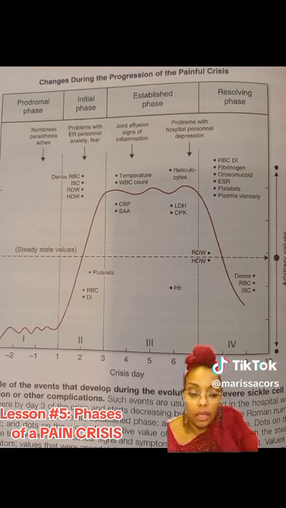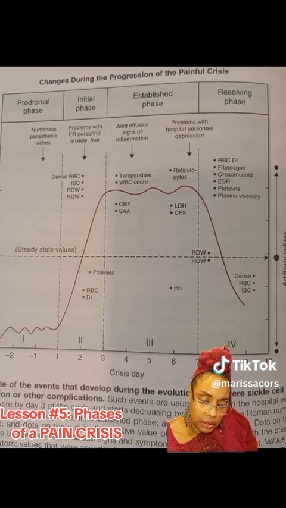Retic count too. Everything is basically resolving and going back to where it's supposed to be. And the patient is sent home and left to outpatient care, and of course going back to their regular activities.